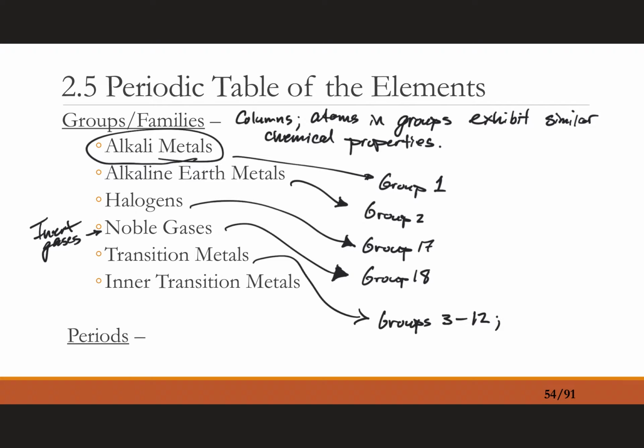That caveat would be that the transition metals are only in periods 4 through 7. All right. And then the inner transition metals, these elements are in the bottom 2 rows.